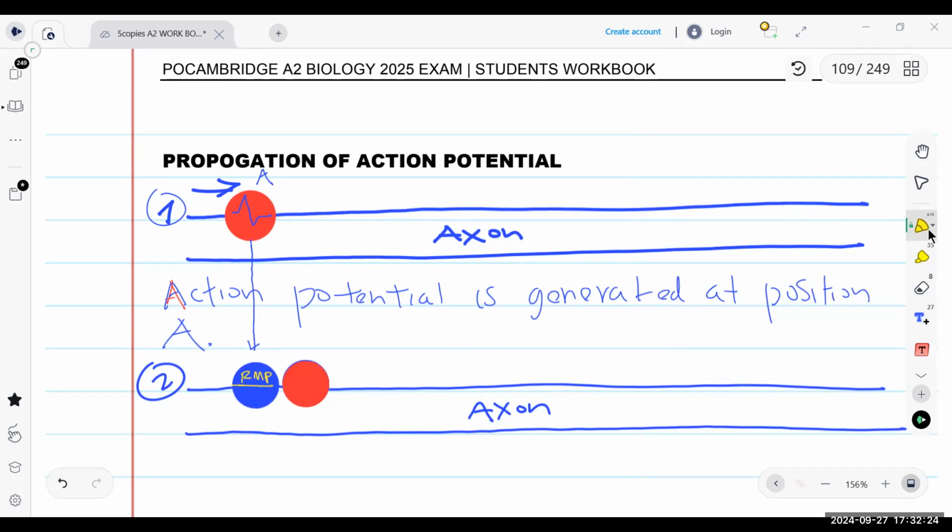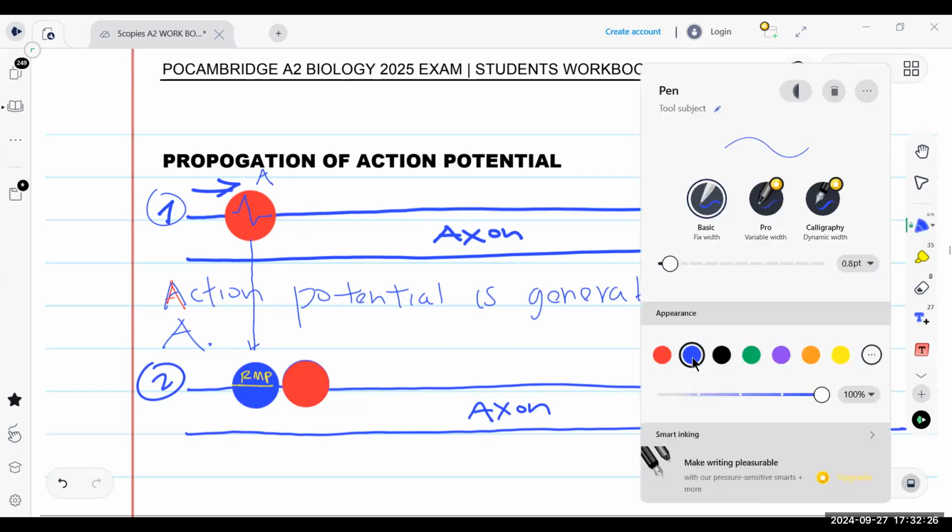So what's the outcome of this first action potential?